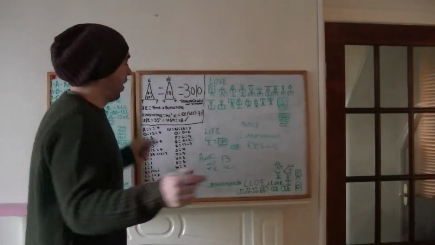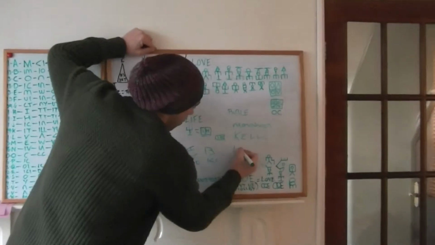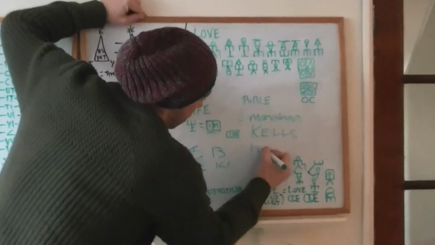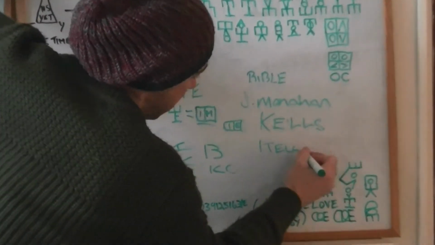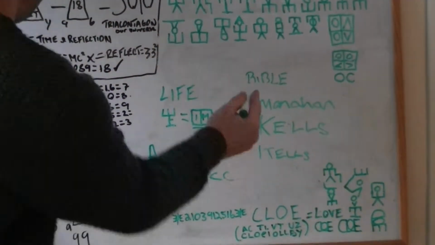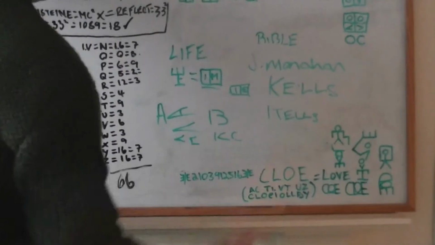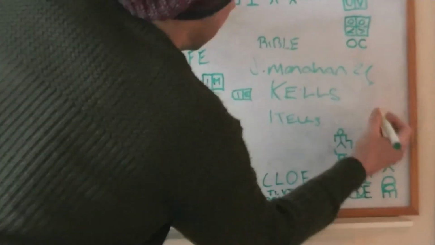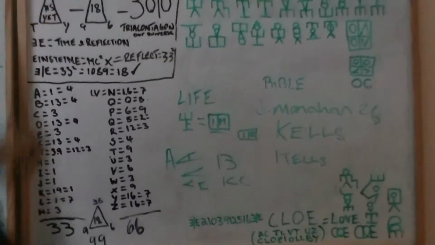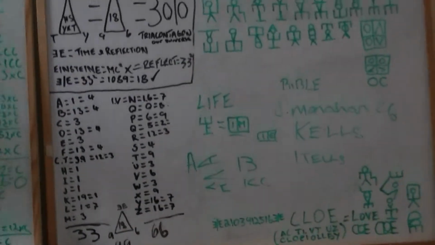So what does that mean? Well, I'll tell you what it means. Pull the letters apart. It tells, is what it says. And what does J Monaghan tell? Well, if you use my alphabet to add the numerals up, you'll find it comes to 26.